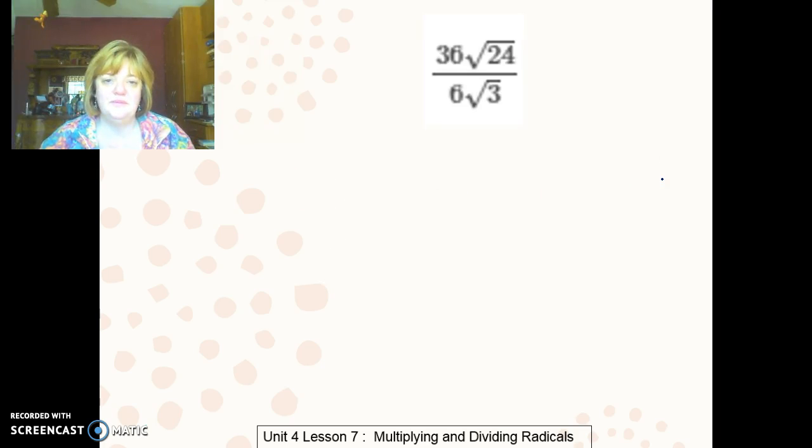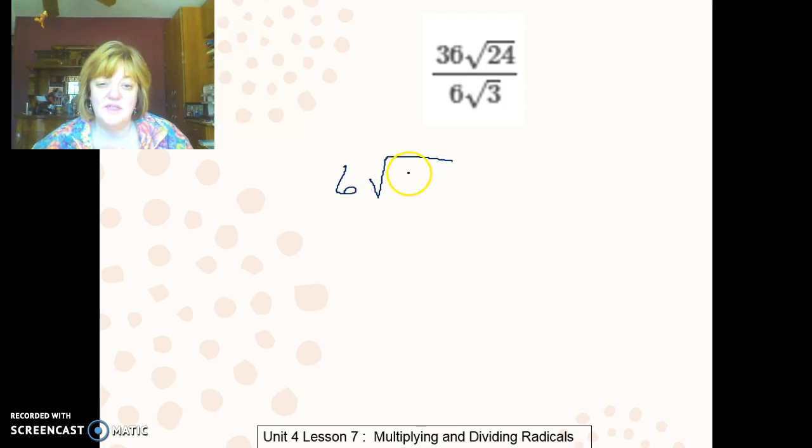Let's do one more together. We've got 36 square roots of 24 divided by 6 square roots of 3. So 36 divided by 6 is 6. 24 divided by 3, I think it's 8. I hope. Nobody's here to correct me, though. That makes it tough.